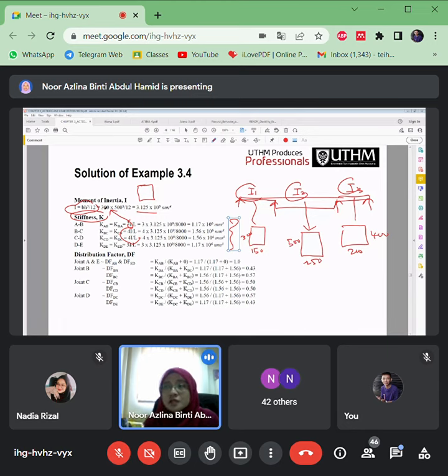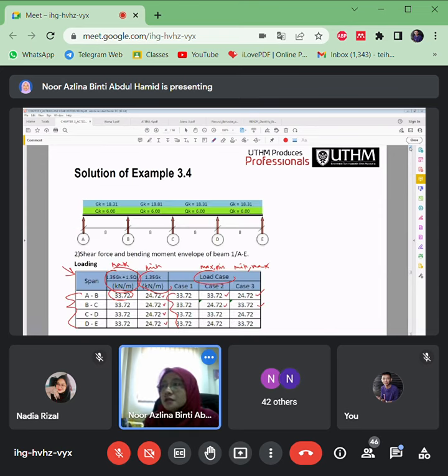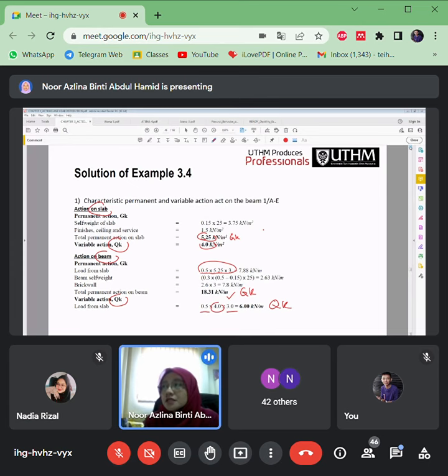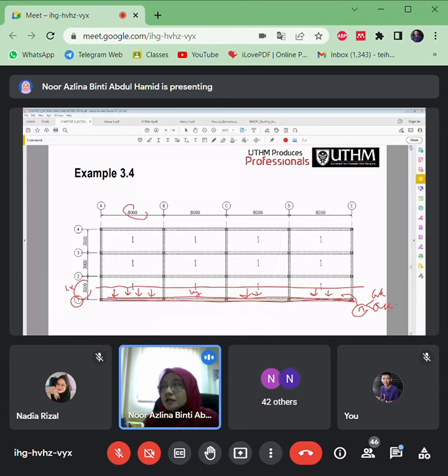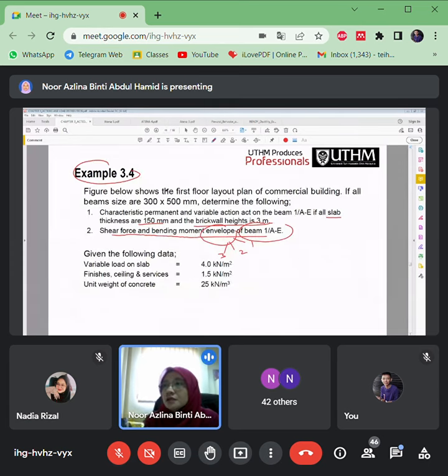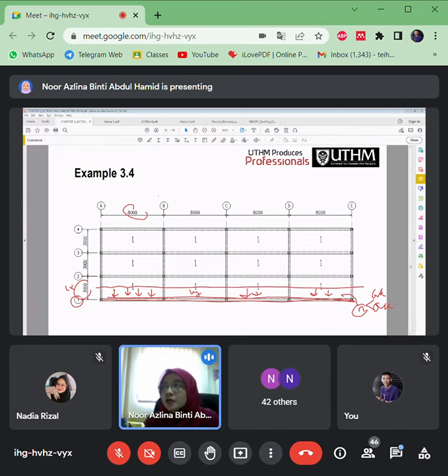In this case, the beam only has one size, right? Going back to the question, there is only one size. From grid lines A to E, all the same size, 300 by 500. That means only one value for inertia.